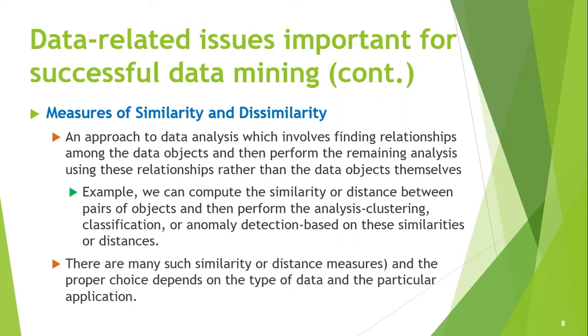An example of this is we can compute the similarity or distance between pairs of objects and then perform the analysis, clustering, classification, or anomaly detection based on these similarities or distances. There are many such similarity or distance measures, and the proper choice depends on the type of data in the particular application. This will be the last topic that we will be discussing later on.